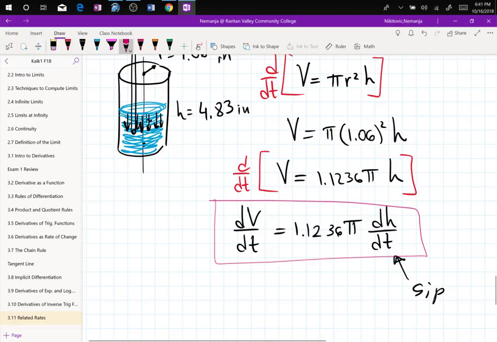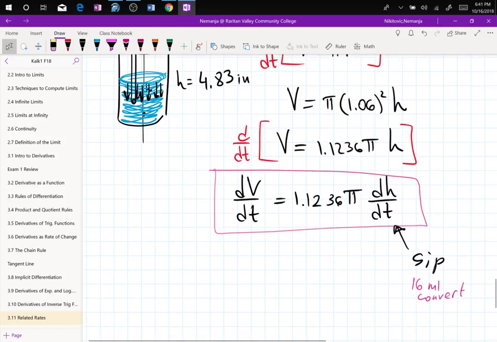Now, great, you have to convert that. See? It's a lot of unit conversion and so on. So, 16 milliliters, convert, and then plug in, and you will have the change in volume. It's awesome, right?